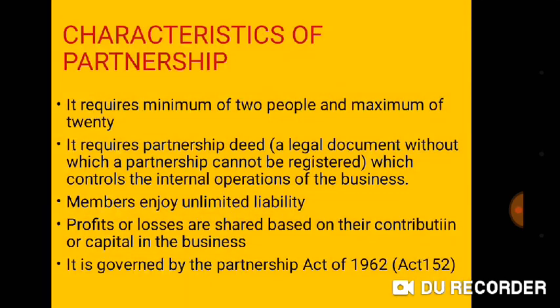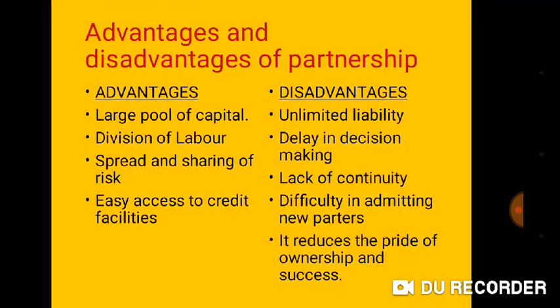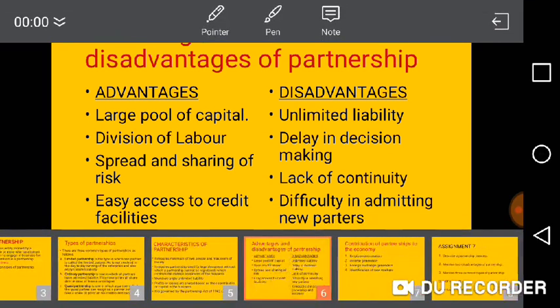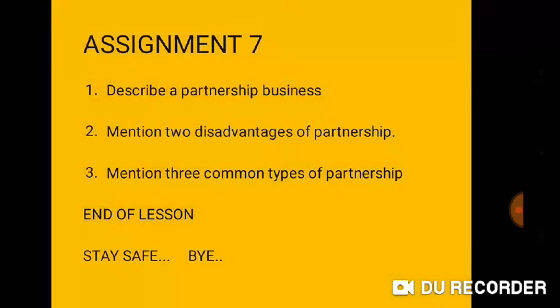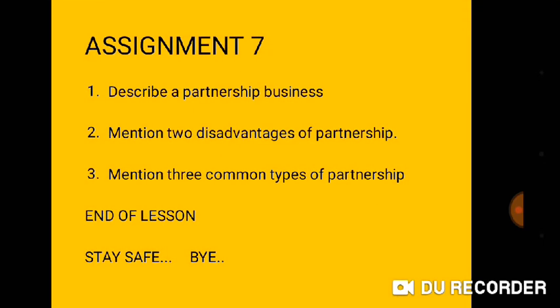And so based on what we have learned today, my student shall answer the following questions. Describe a partnership business. Mention 2 disadvantages of partnership. And then mention 3 common types of partnership. And this will bring us to the end of today's lesson.